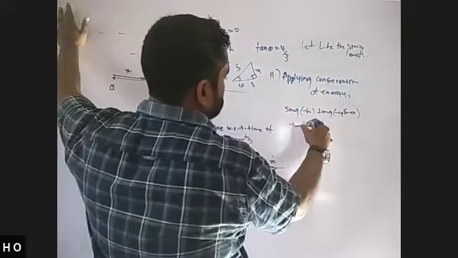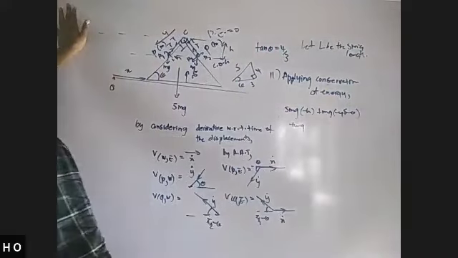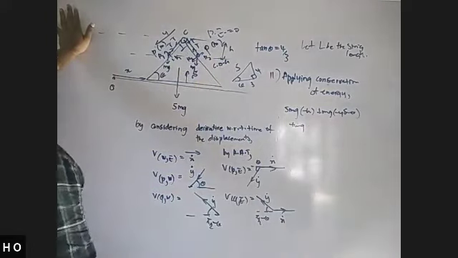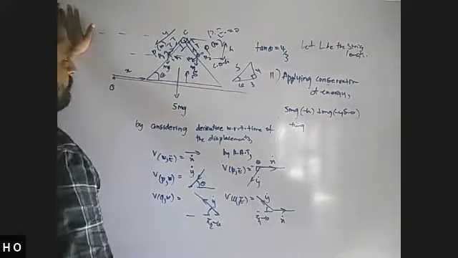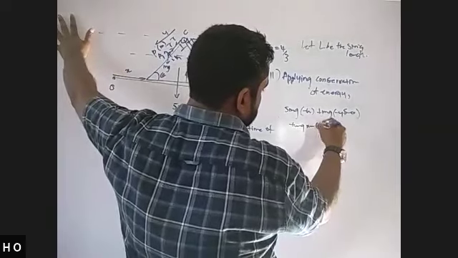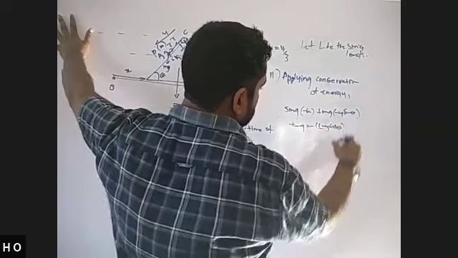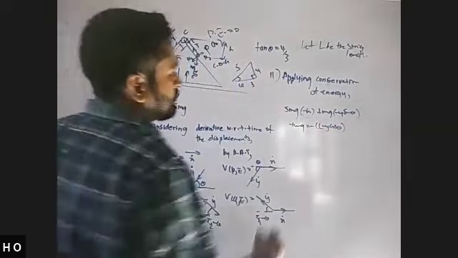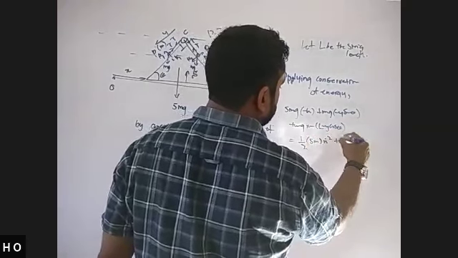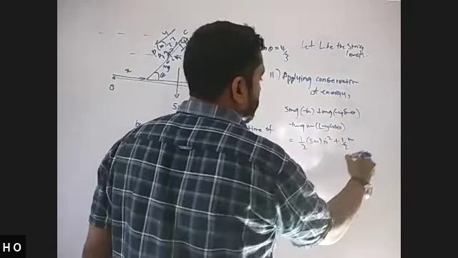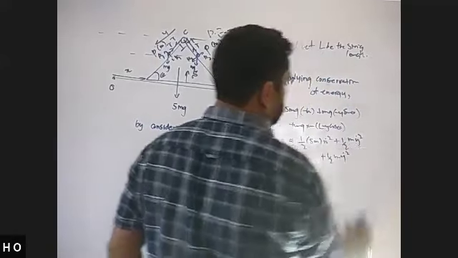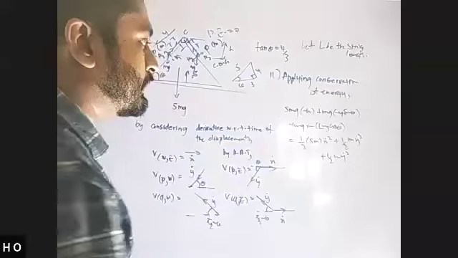The other one is plus mg into L minus y cos theta, with a minus sign, equal to half into 5m x dot squared plus half m y dot squared plus half m y dot squared, because both are y dot.